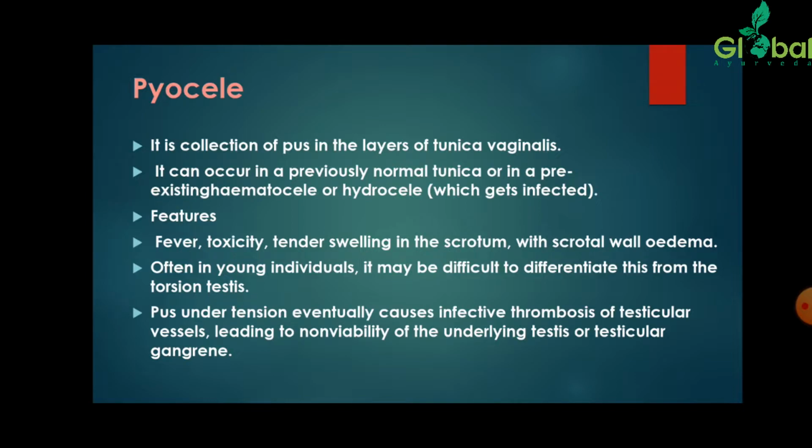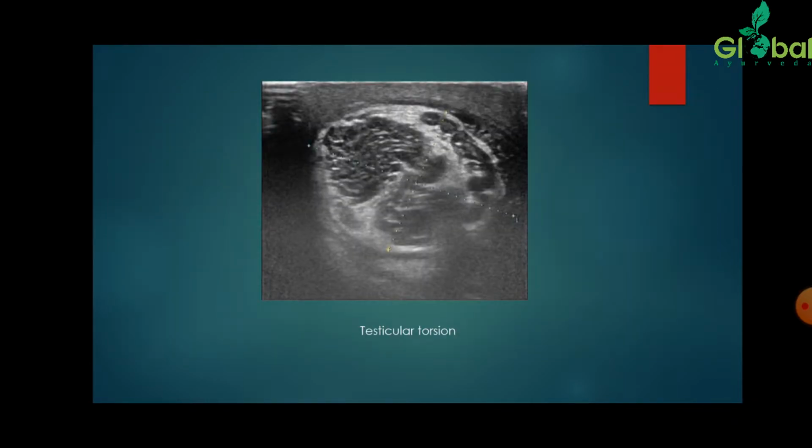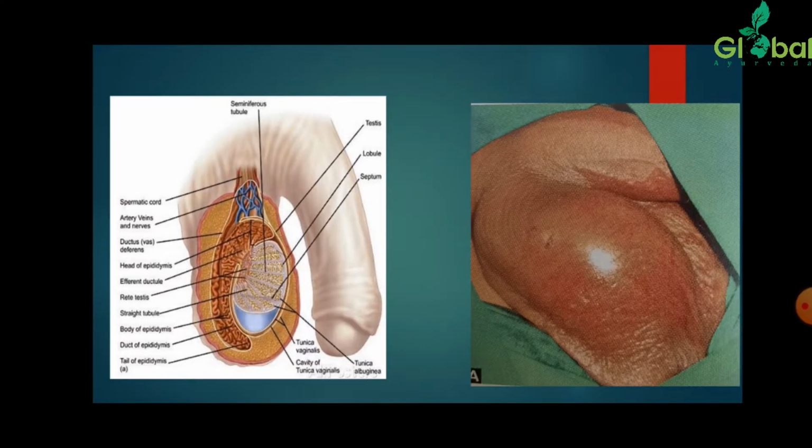This is the CT image of pyocele. See the capsule of scrotum filled with pus. This is the case of testicular torsion with pus formation, and this is the clinical feature of pyocele, and there is the normal anatomy of scrotum with the testes also present.